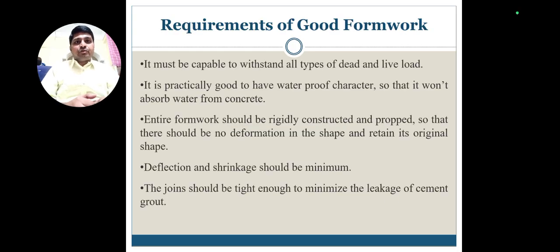The important topic in formwork is the requirements of a good formwork. A good formwork must fulfill these requirements. It must be capable of withstanding all types of dead load and live load, and it is practically good to have a waterproof character so that it does not absorb the water from the concrete surface.